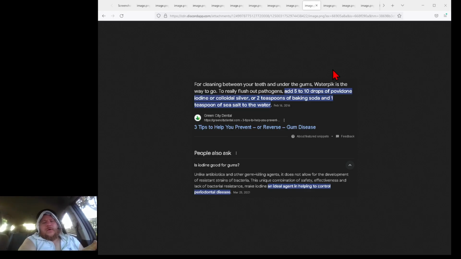There's some other stuff too, but here you can see that this is a dentist recommending iodine into the mouth. I think that was good. Also colloidal silver, but as alternatives, if you really need an alternative to maintain your dental habit, dental ritual, whatever you want to call it, I don't need that. If my mouth is funky, you can just swish some water around in there, put some lemon juice in there.